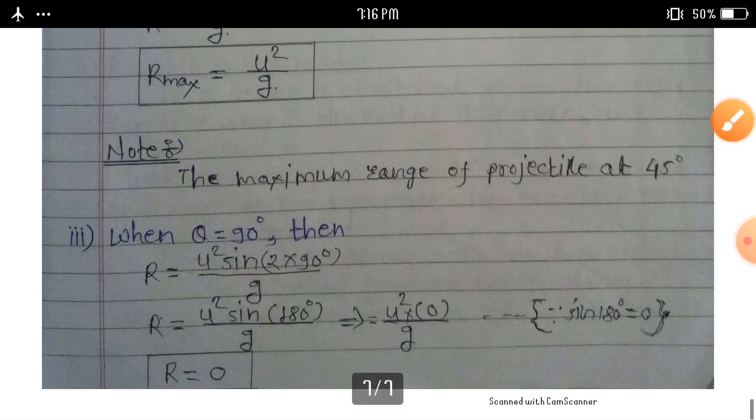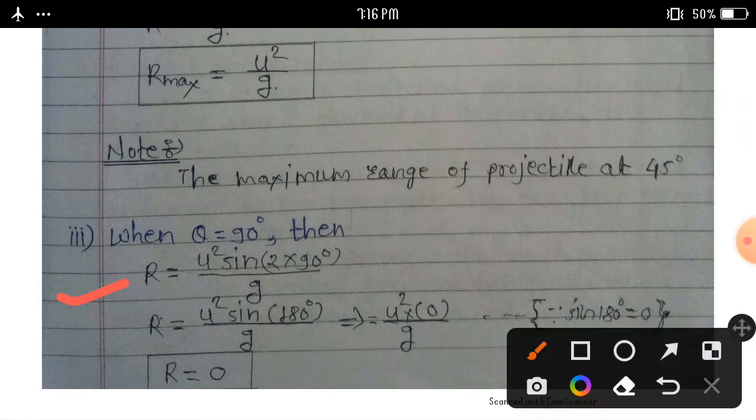Then the third case, when theta is equal to 90 degrees, we can calculate the horizontal range of a projectile. R is equal to u square sine of 2 into 90 upon g. This becomes 180, so R is equal to u square into sine 180 upon g.